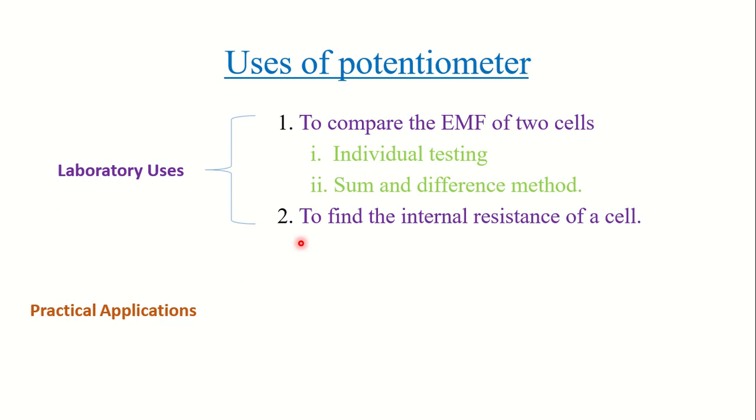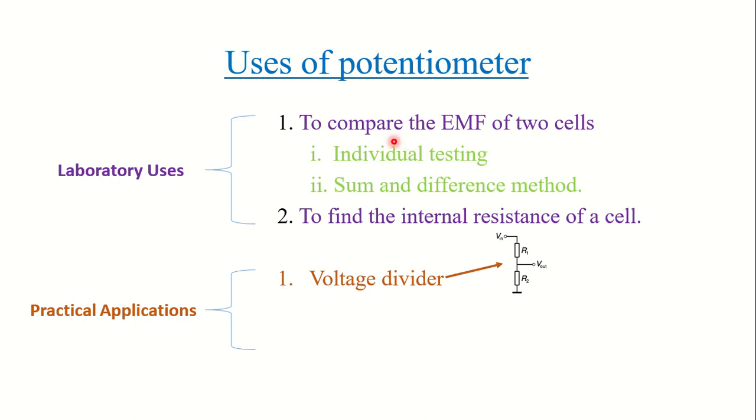Now there are some practical applications where potentiometer is used. A potentiometer can be used as a voltage divider to continuously change the output voltage of a voltage supply. For that, the device is connected to the end A, and the other end is connected to the slider of the potentiometer wire, which we will understand in the coming discussions.